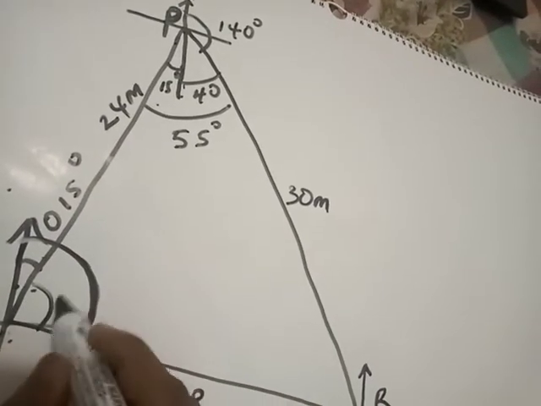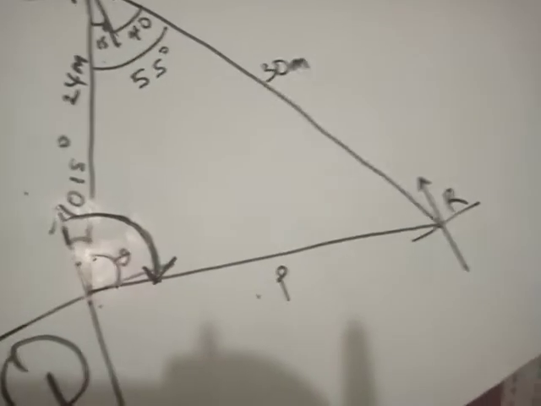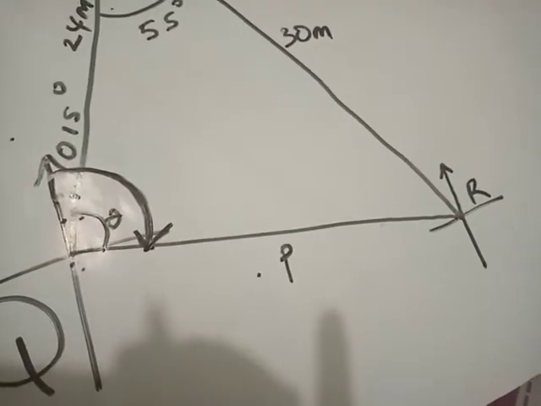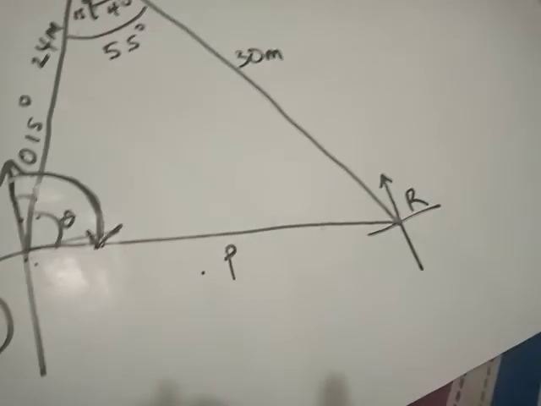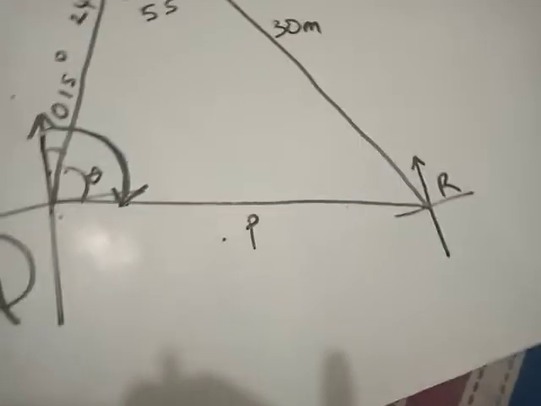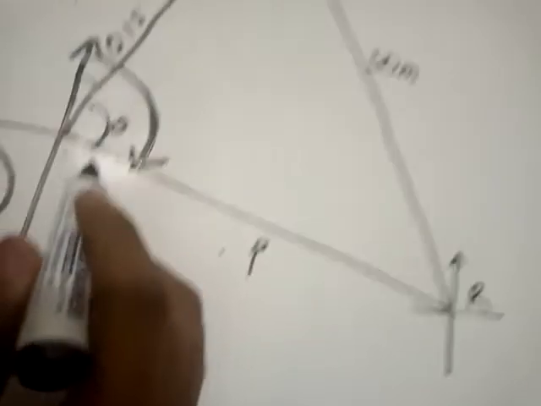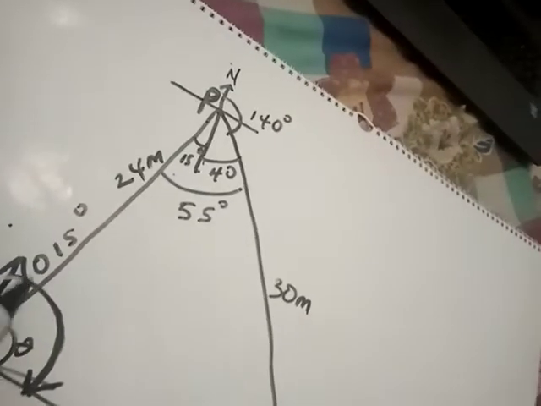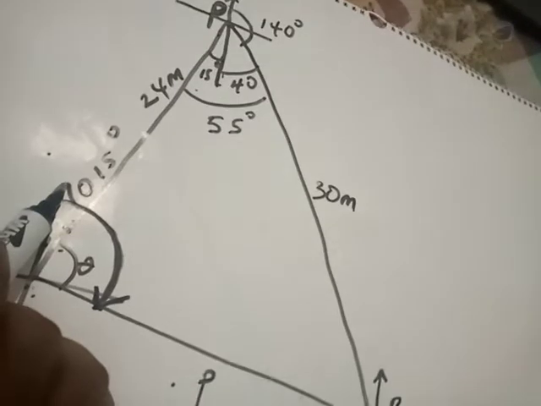If we call it theta, in our notes we got the value of theta. I don't have the note with me here. You find the value of theta, then you add 15 degrees to it. It's right there in your note.